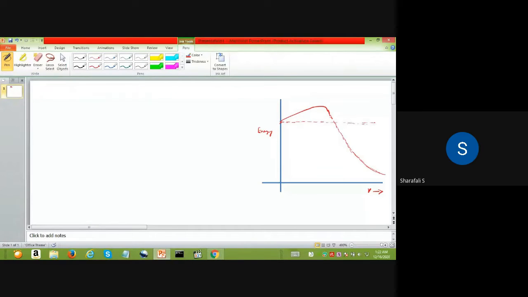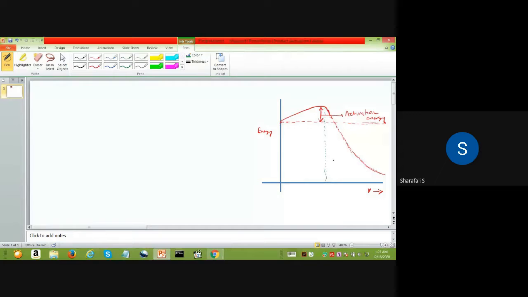Okay. So the nucleus requires this much more energy, and this energy is that potential barrier, or we call it the activation energy. So the nucleus requires this much energy to undergo the nuclear fission process to break the parent nucleus into two different nuclei.